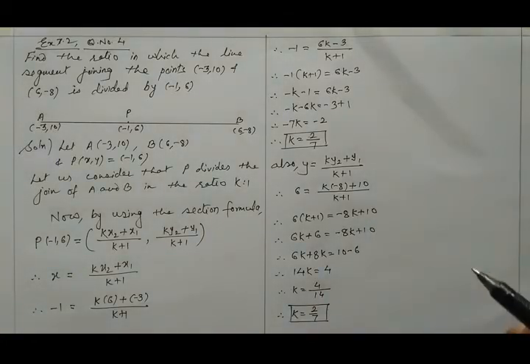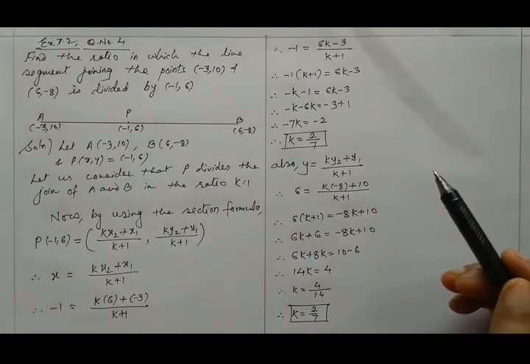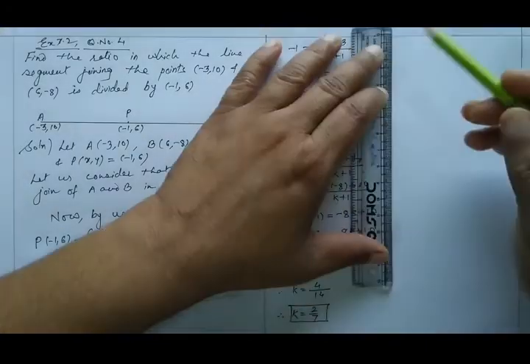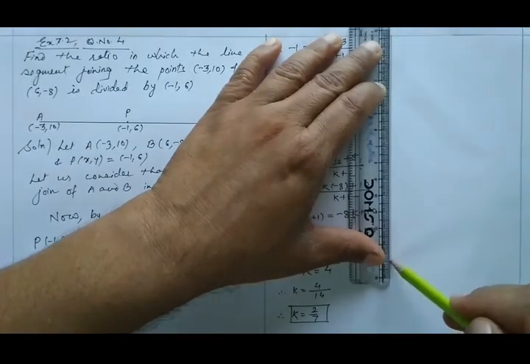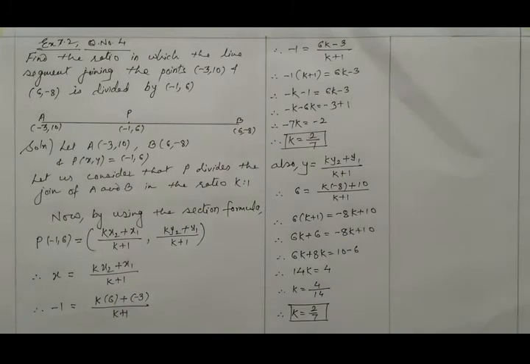So required ratio is it divides in the ratio 2 upon 7 is to 1. So that is 2 is to 7. Okay, so you can write here, so ratio is same.